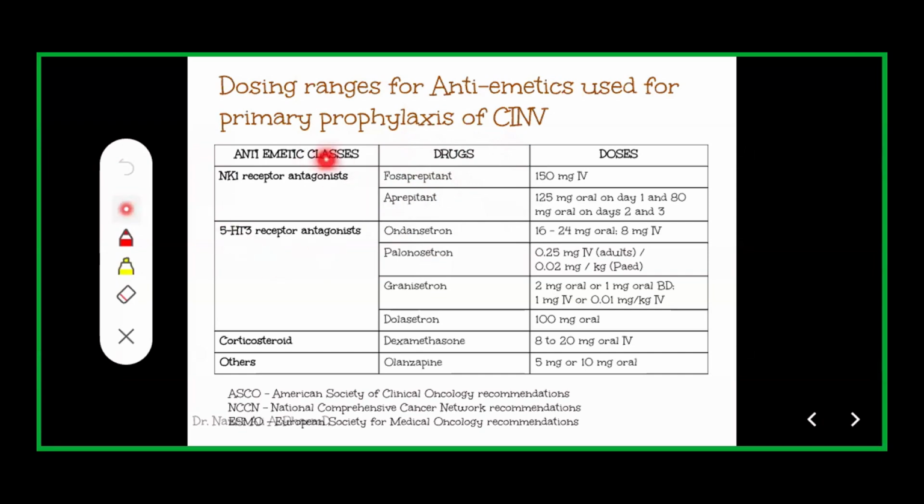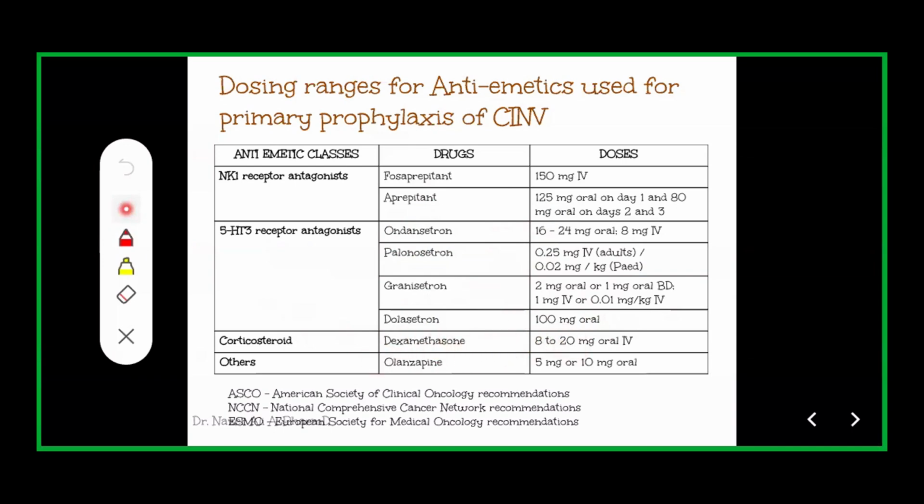And regarding the serotonin receptor antagonists, we have ondansetron, palonosetron, and granisetron. But in our hospital, we are using palonosetron, which is available as a 0.25 mg, 5 ml ampule. It is given as a whole for the adult patient; for pediatric patients, it will be 0.02 mg per kg. Certain corticosteroids like dexamethasone are also used in the pre-medications, and other antipsychotics, especially olanzapine.